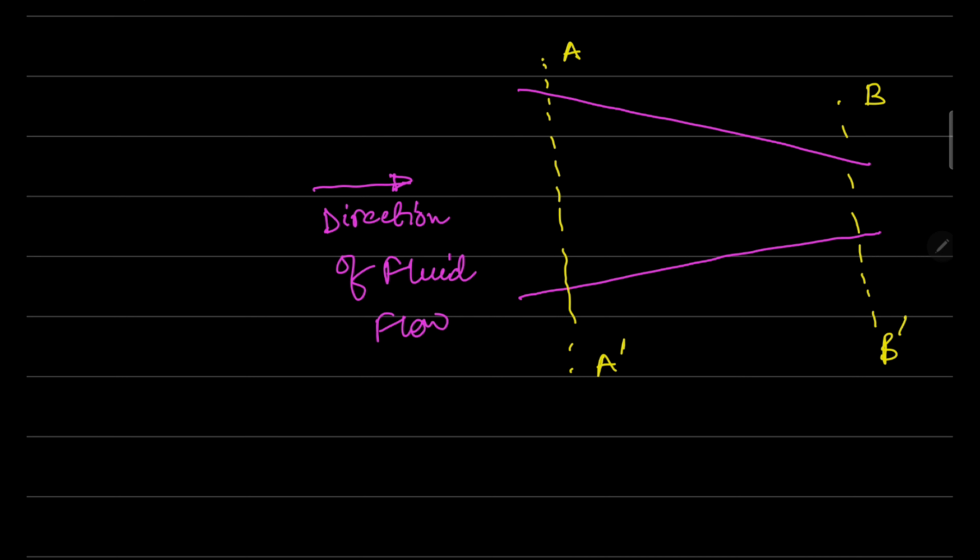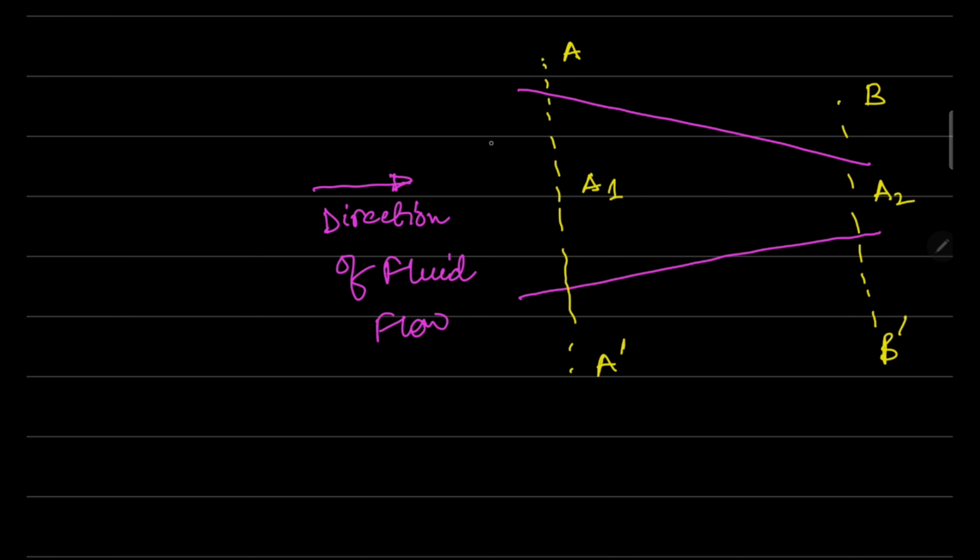What we are assuming is that the cross section at this AA dash is A1. However, the cross section at section BB dash is A2.